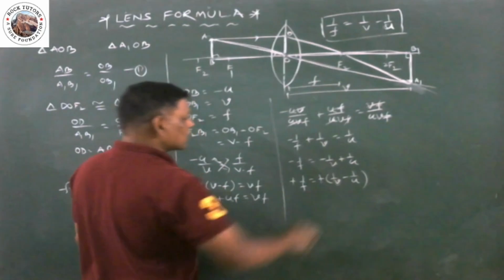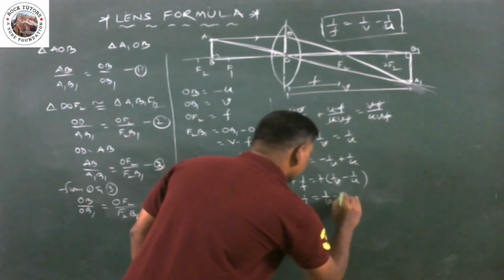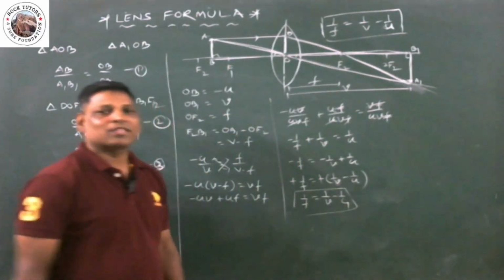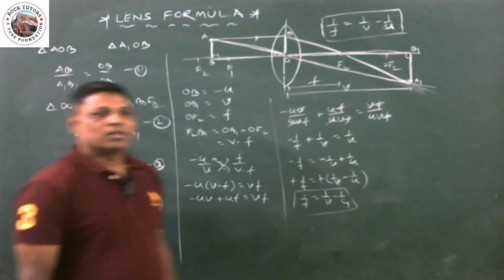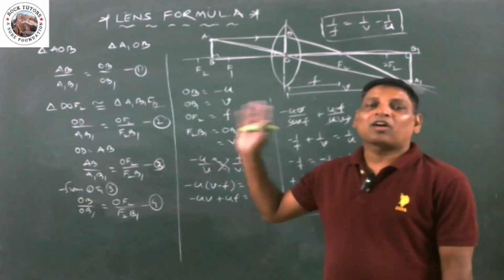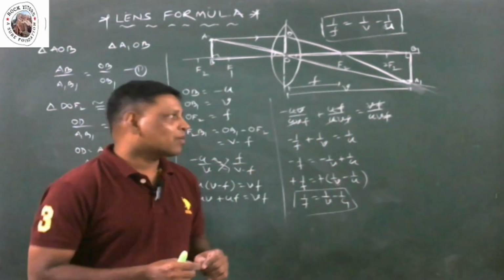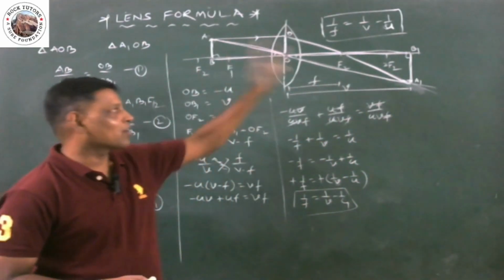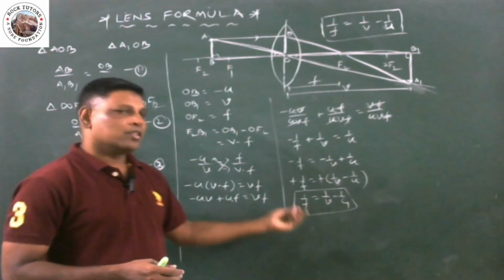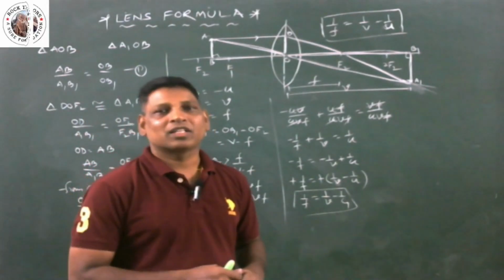So minus minus cancels, 1 by f is equal to 1 by v minus 1 by u. This is our lens formula. This is applicable for concave lens also, the same. So the lens formula is the same for both convex and concave. 1 by f equal to 1 by v minus 1 by u.